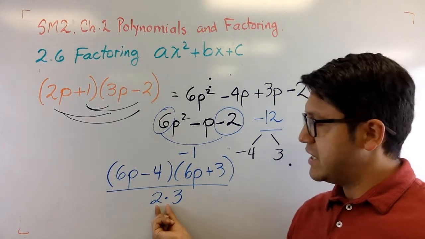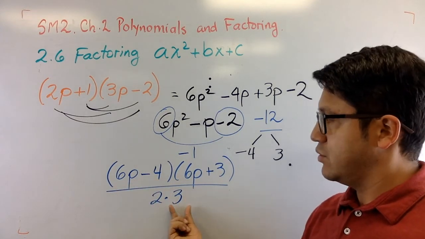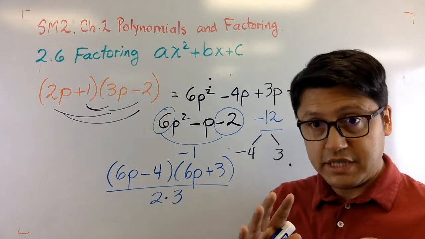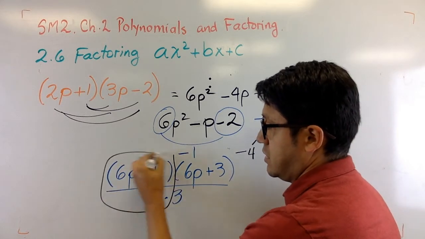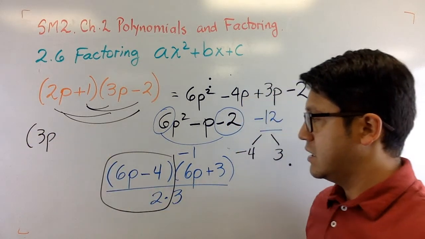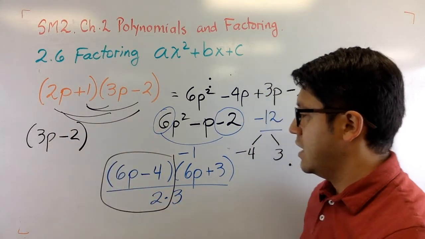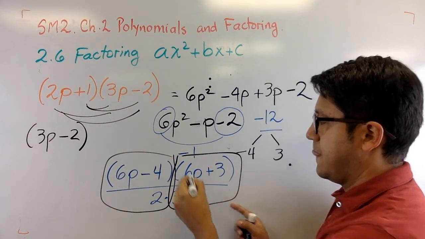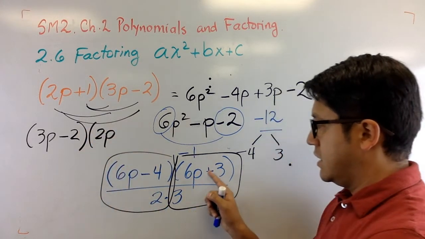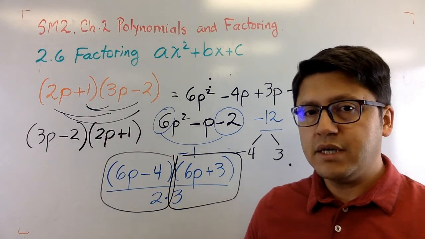This 2 is going to simplify this term here, and this 3 is going to simplify this term here. How? Well, pay attention. 6 divided by 2 is 3, 3p. -4 divided by 2 is -2. And now, this. 6 divided by 3 is 2, 2p. 3 divided by 3 is 1, plus 1. Did we get the same thing?